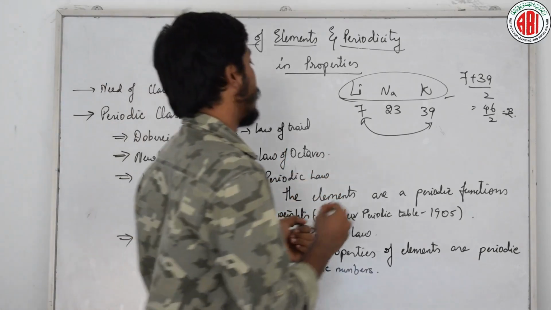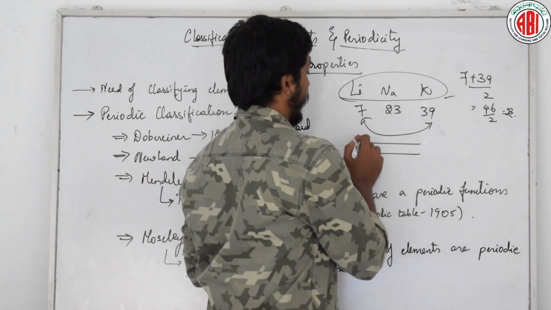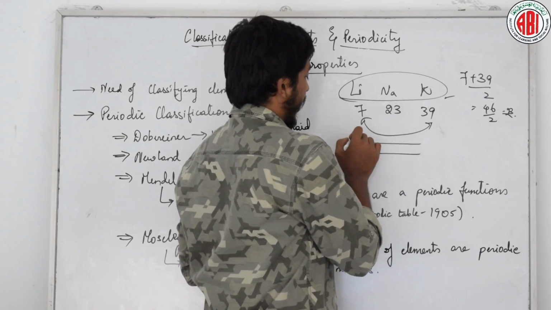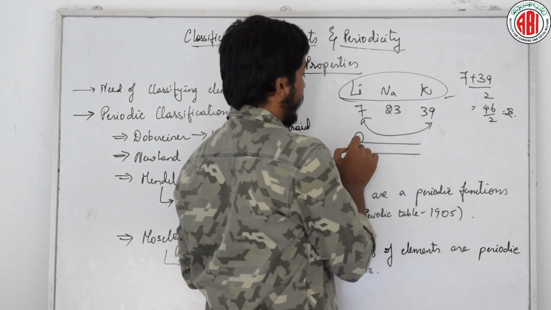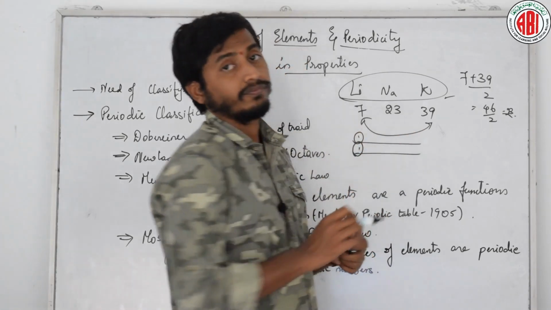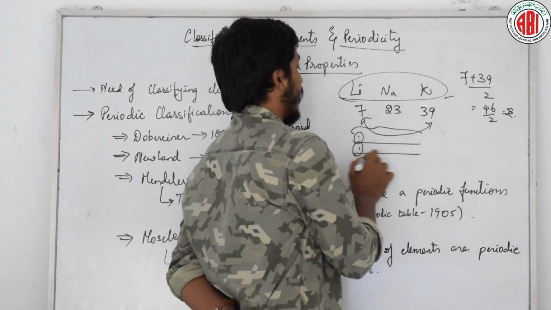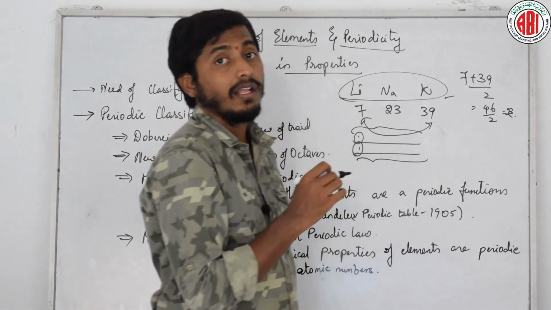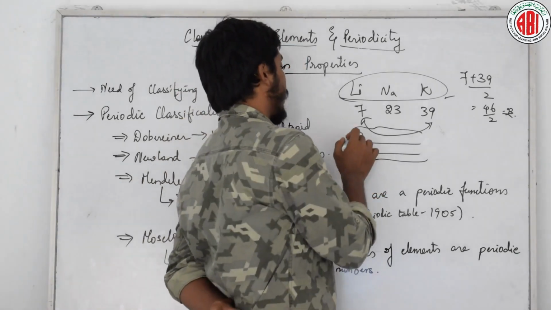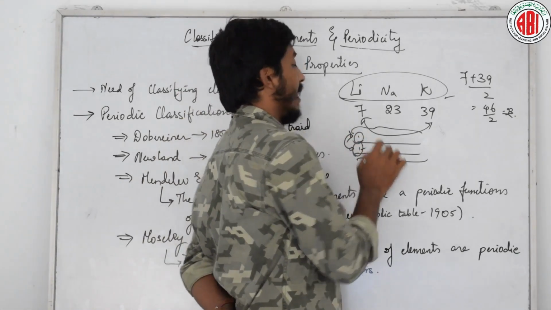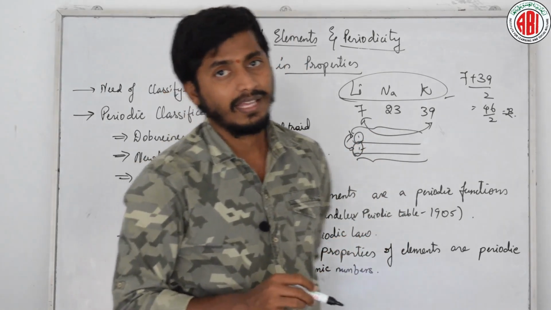For example, let us assume I have a table like this, 1, 2, 3 like that. The element here will have similar properties to the element here, right? If I assume this whole thing as one period and this whole thing as another period, the elements at the start of each period have the same properties.